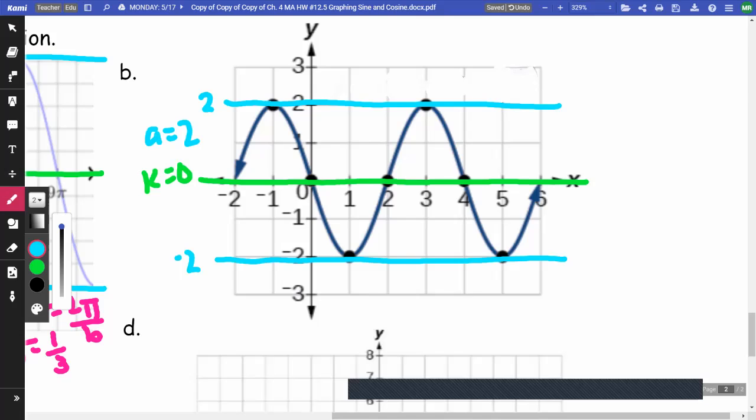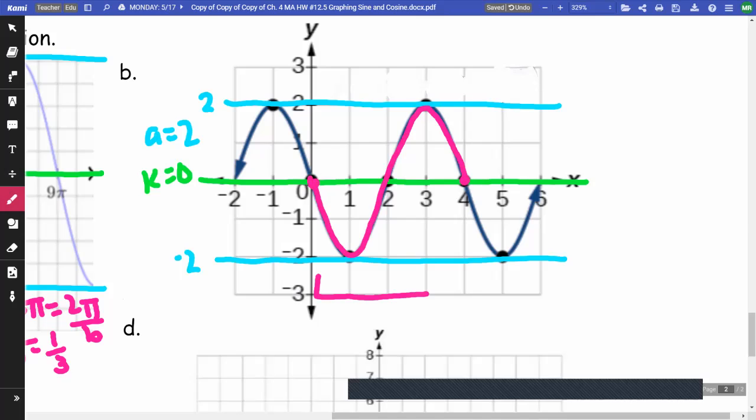Looking at this, I'm going to start there with a sine, though I could have done a cosine also. I'm going to go from here to here, and that's a period of 4. So 2 pi over b equals 4, which means my b is going to be 2 pi fourths, or pi halves.